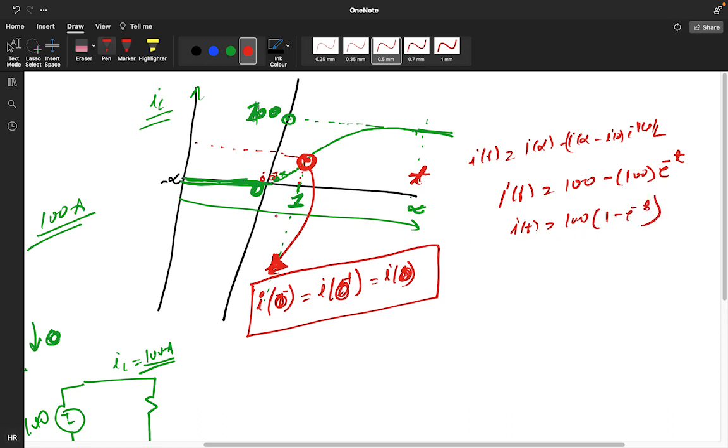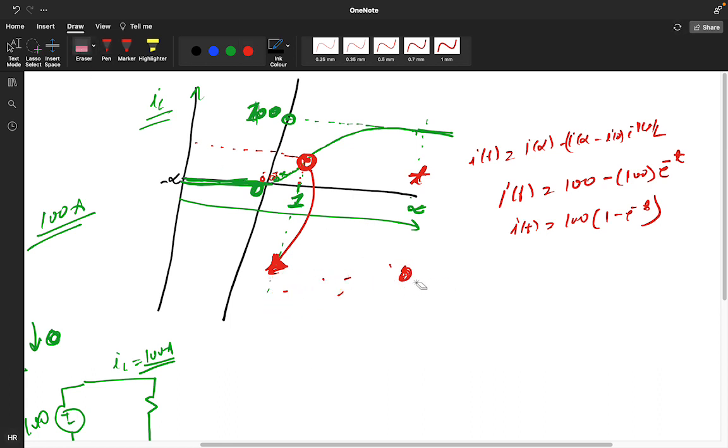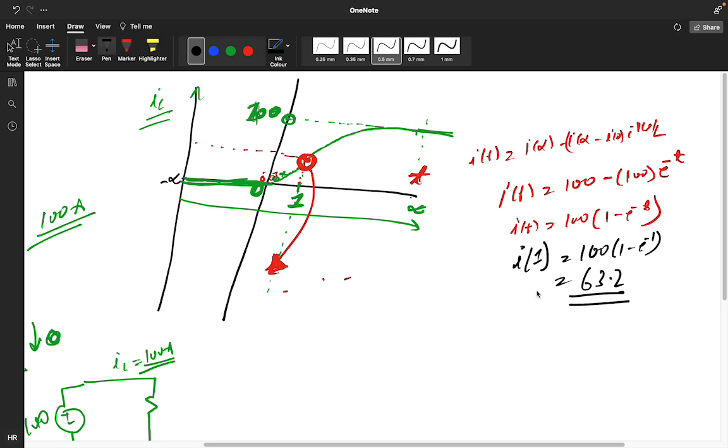This is my current for the first network. I just want to know the value of this I1 minus for the second operation of the circuit. So I am considering this as I1. So I am getting 100 into (1 minus e power minus 1). So I am getting 63.2. So that is behaving like our initial current.